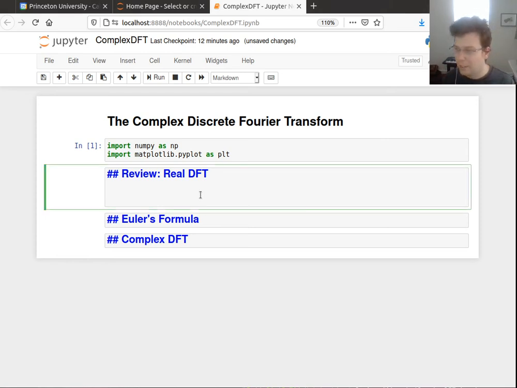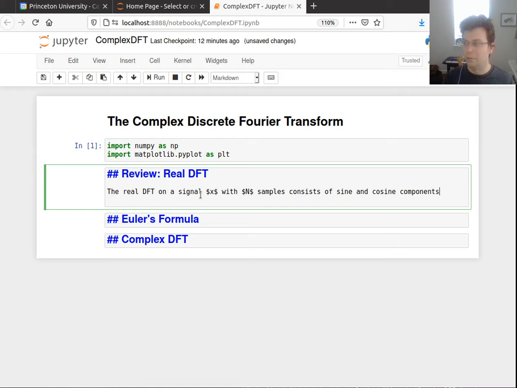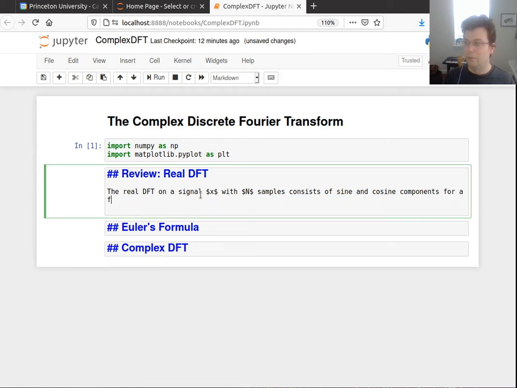Okay. But before we do that, let's review the real discrete Fourier transform. You really can't see this enough times, so don't feel bad doing it again from the beginning. So the real DFT on a signal x with N samples consists of sine and cosine components for a frequency k, which goes through k cycles over N samples.